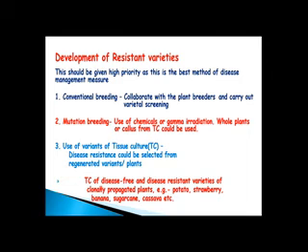Tissue culture disease free in potato, strawberry, banana, sugarcane and cassava. In other countries they have selected genes resistant to diseases.